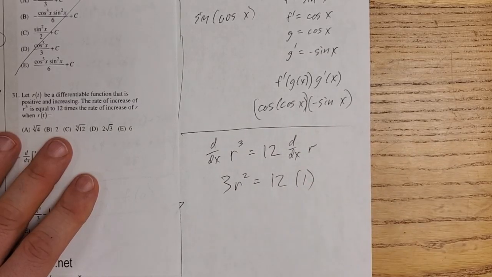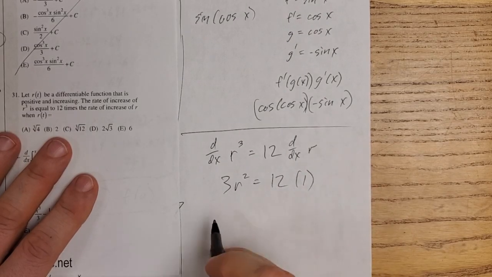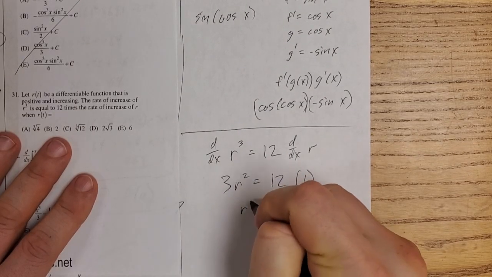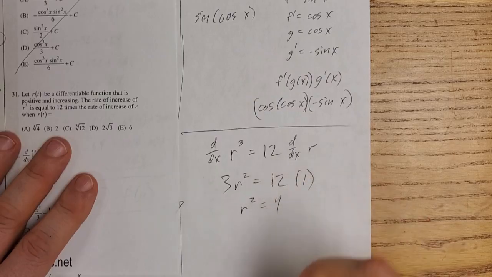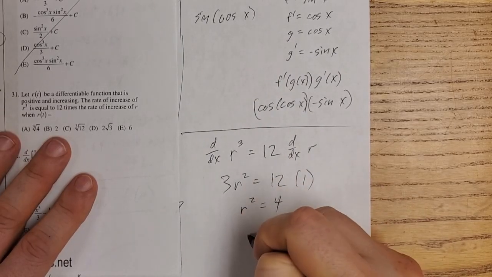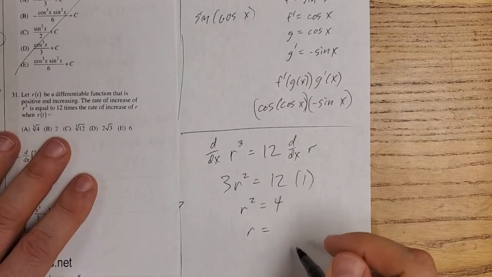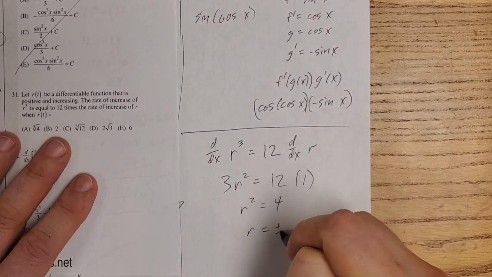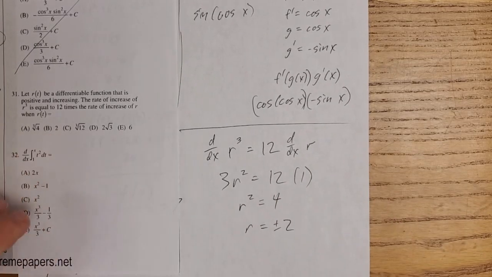Obviously, the one is superfluous, so we can divide both sides by 3. R squared equals 4, and then take the square root. R equals, and well, technically that would be plus or minus 2.